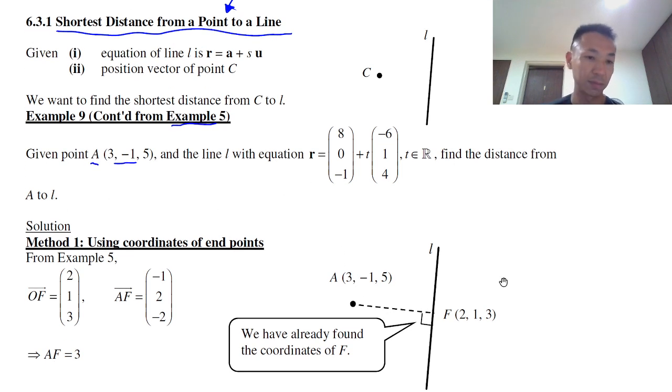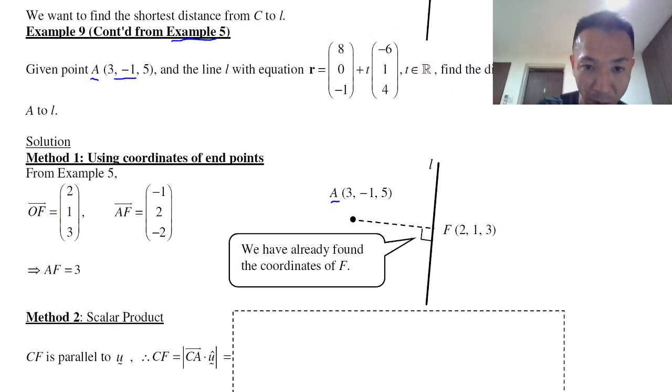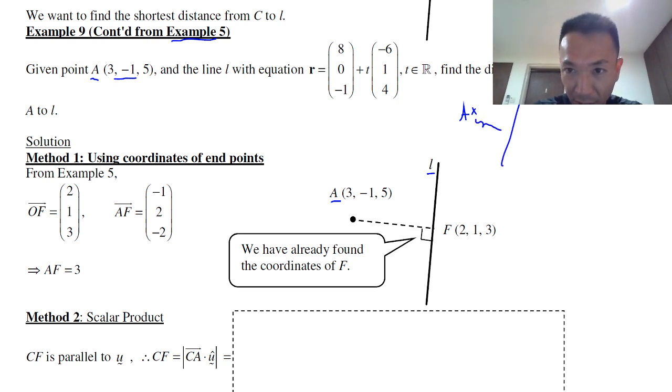Method 1. The shortest distance from a point to a line is effectively the distance from that point to the foot of the perpendicular. To find the shortest distance from A to the line, it is the distance to the foot of the perpendicular.